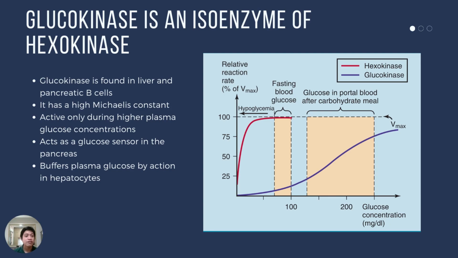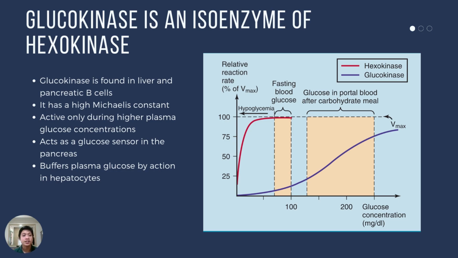Lastly, you have another point of regulation, which we have touched in anatomy and physiology, and that is through glucokinase, which is an isoenzyme of hexokinase. Glucokinase, like hexokinase, catalyzes the attachment of phosphate groups in glucose.